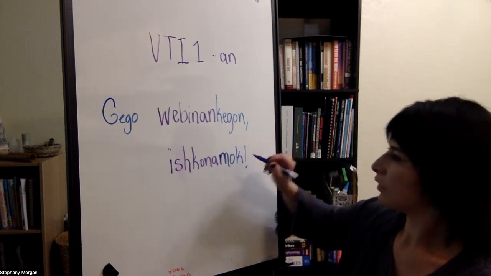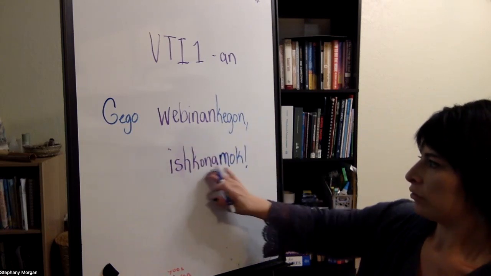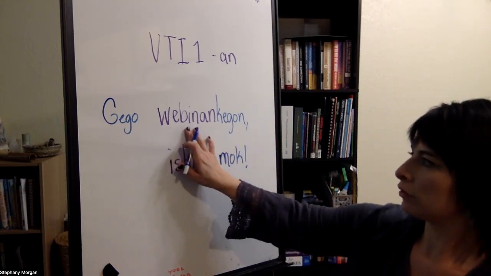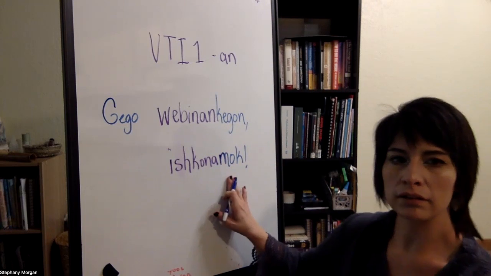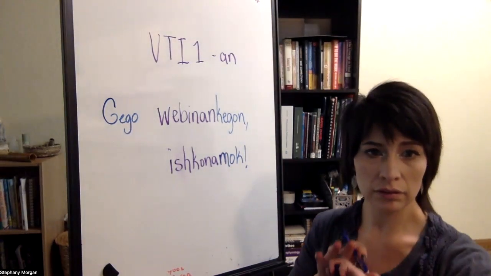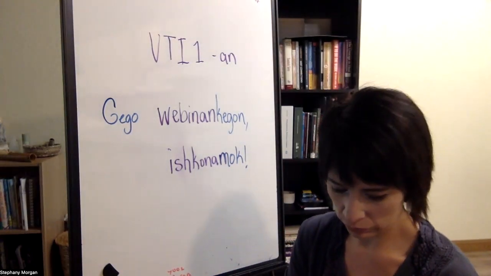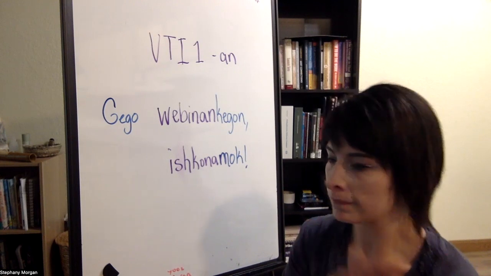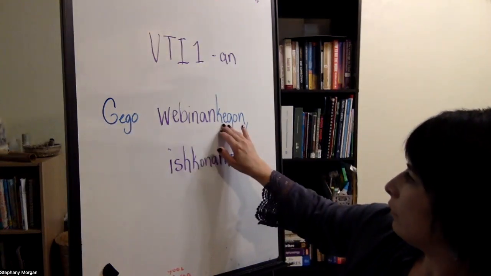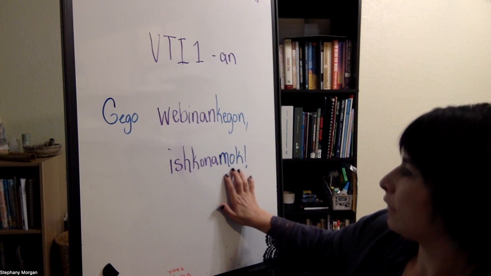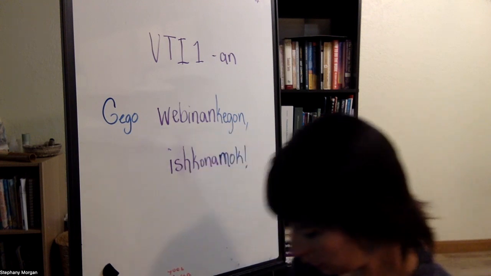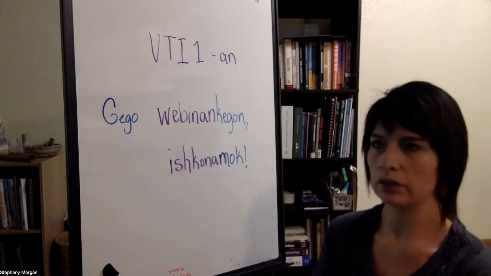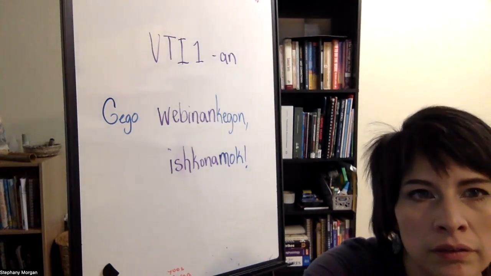Ishkonamok. Gego wabenan kegon, ishkonamok. Don't throw it away, save it. So that was the compound sentence with 2 commands. Kegon and mok for positive. Gego kegon. Let's see here.